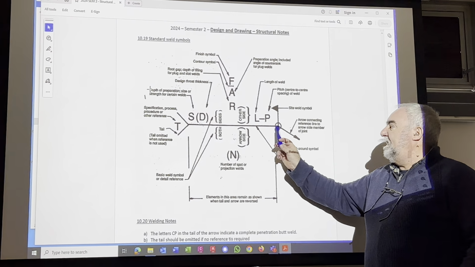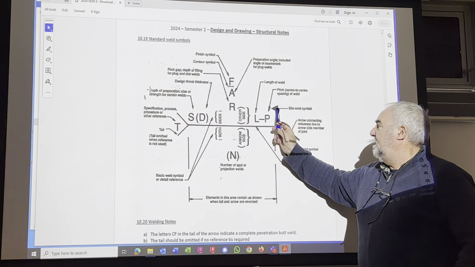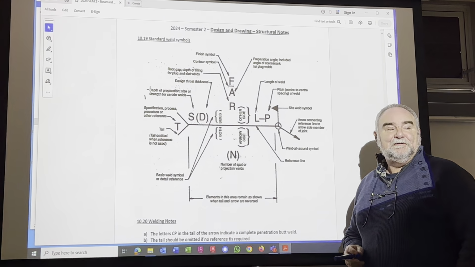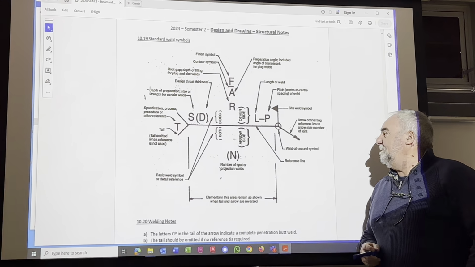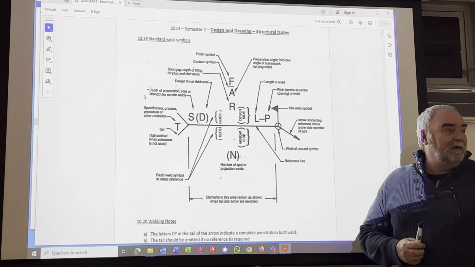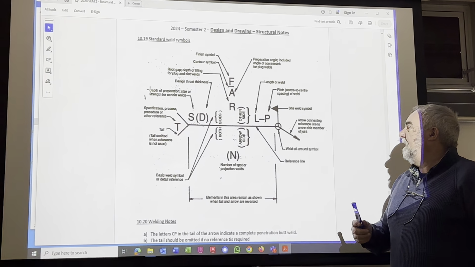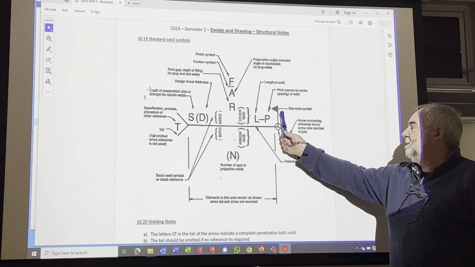It comes up a bit like a leader line, and this here, this little golf thing, it means a site weld. We're not having a site weld. Our weld is a shop weld. So no arrow, no flag on me.